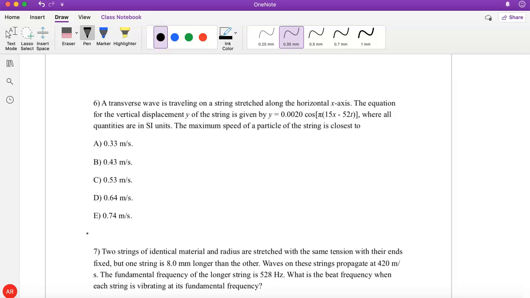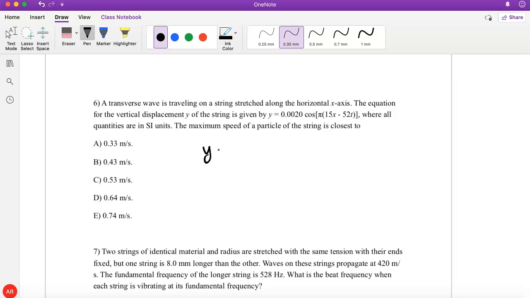So this is not asking about the speed of propagation of the wave. It's asking about the physical speed of a point belonging to the string. Basically, the derivative of y with respect to time is going to give me an expression for the velocity as a function of position and time, and we want to find its maximum.